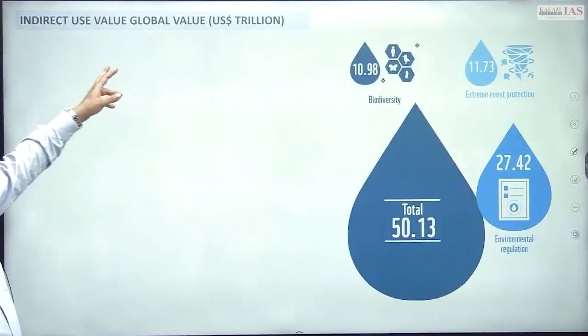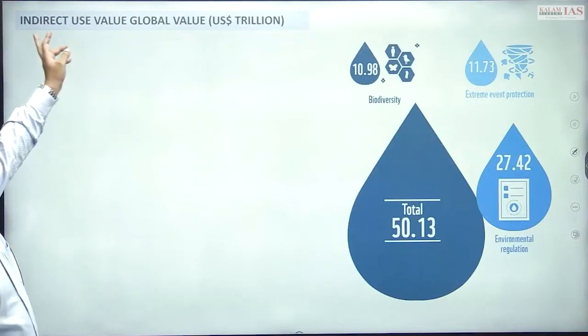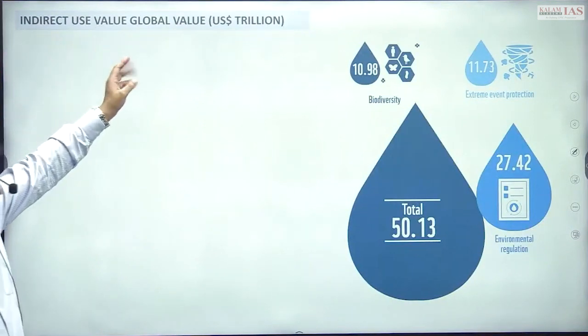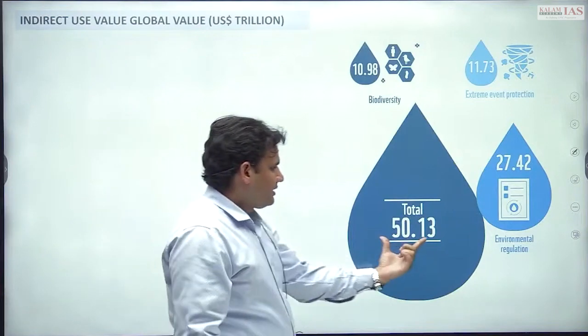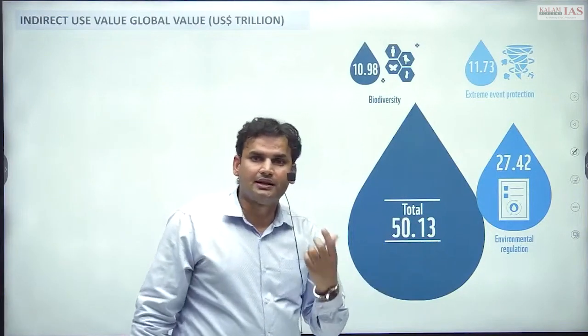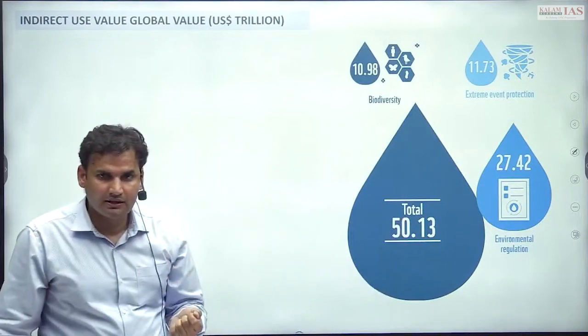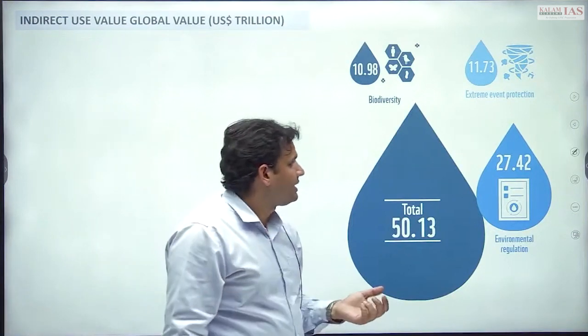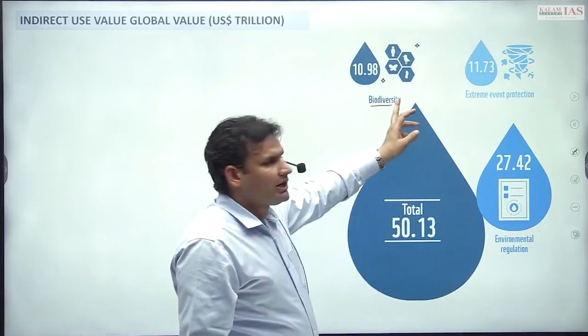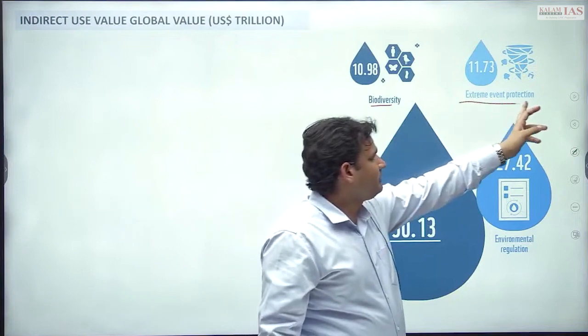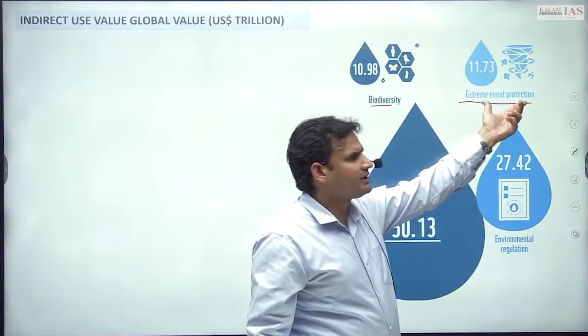Then we have indirect use value, and what is that? That is around 50 trillion US dollars annually. और indirect water का use is in biodiversity, in extreme weather, extreme event protection.